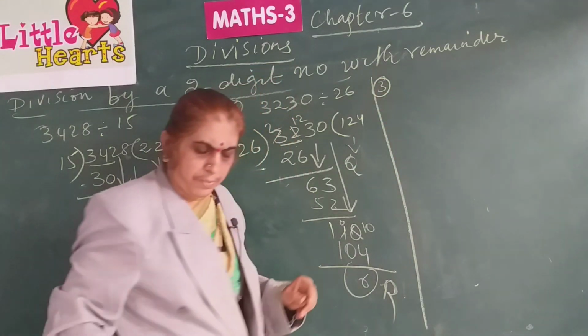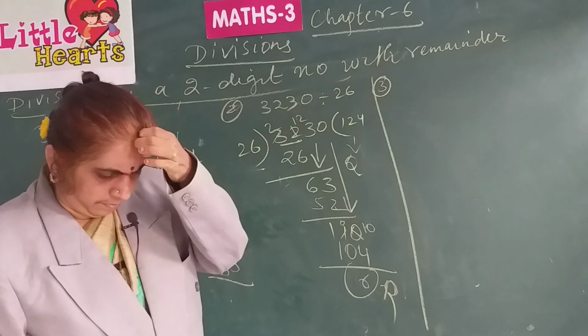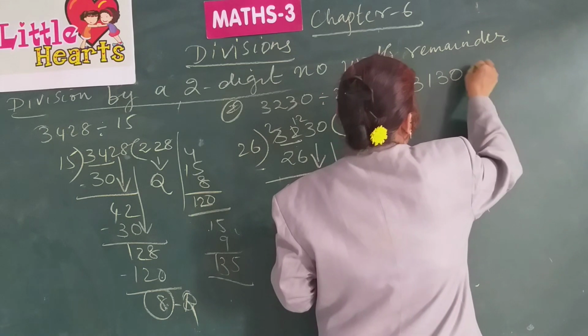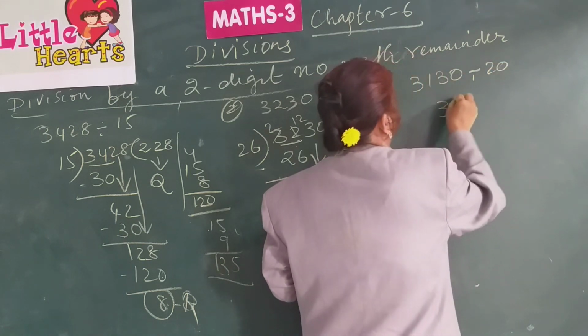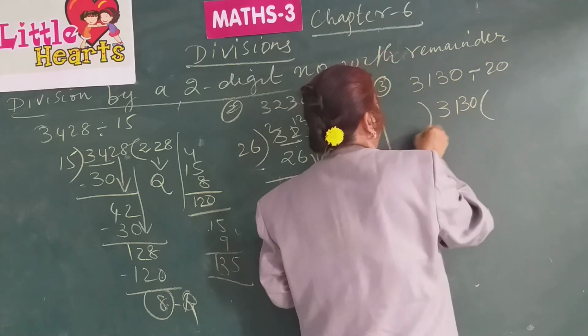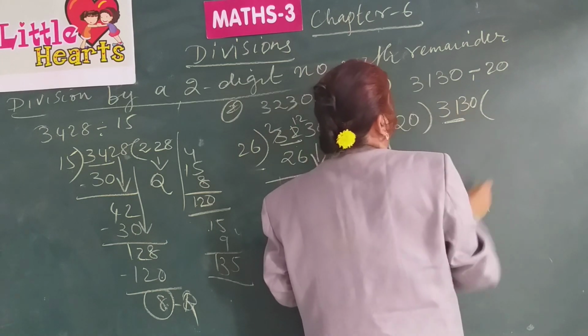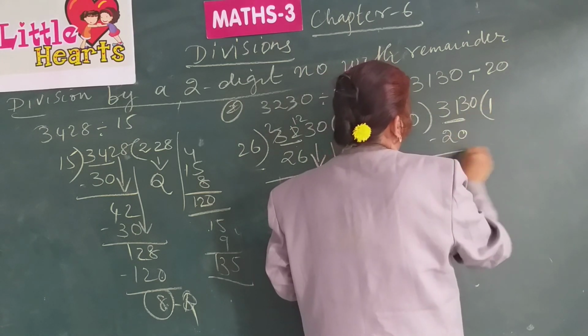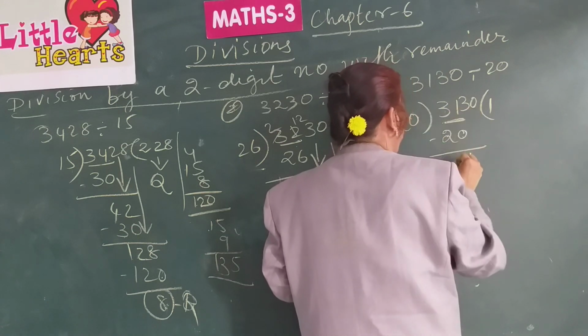Let us go with the third problem. 21s are 20, 22s are 40. 1 minus 0, 1, 3 minus 2, 1.